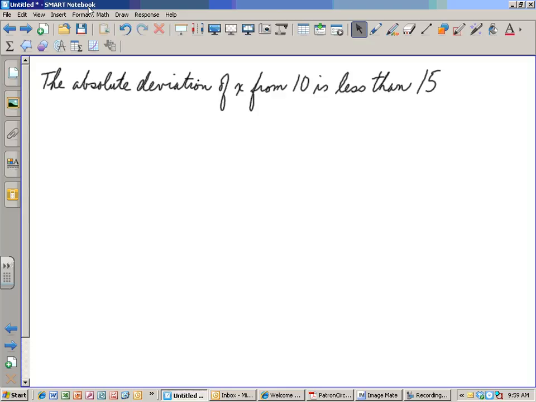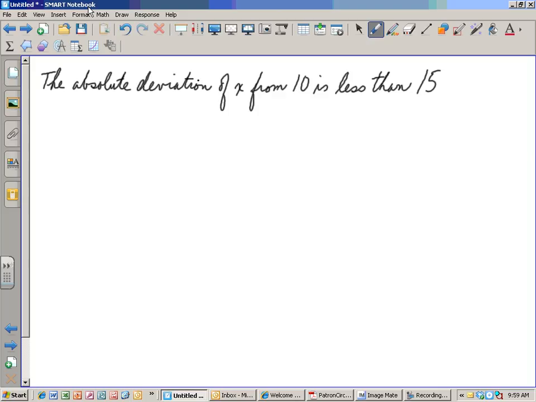So, let's cover this lesson. All right, so up on the board I have the absolute deviation of x from 10 is less than 15. And because it's less than, what's this going to be, an and statement or an or statement? And. It's going to be an and statement, right? And how would I write that?